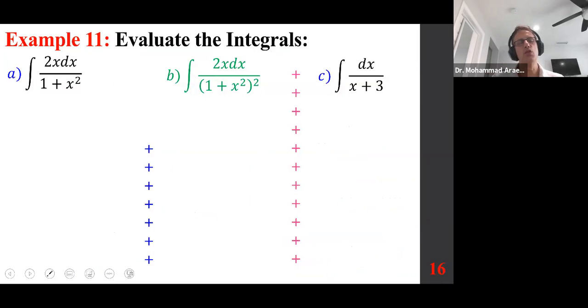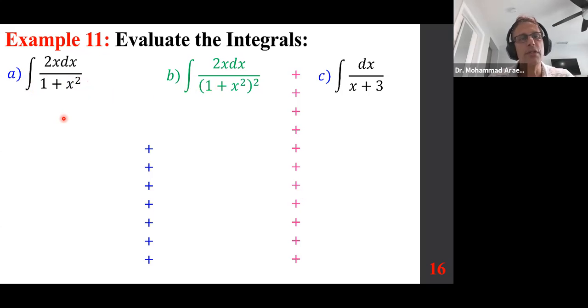Now, how about this page? We are looking at similar questions. It's worth noting that the very first thing is simplification of a rational expression if you can. And when it cannot be done, then you move on to the next step. So if you look at parts A and B, ultimately they work out the same. You let u be the denominator, 1 plus x squared.